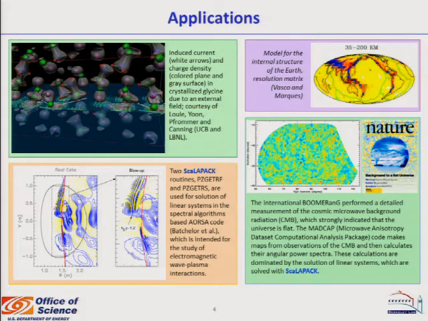And what you can see there is a charge density for a glycine molecule. In this kind of application, usually you end up with a dense, complex, or Hermitian eigenvalue problem, and people have used ScaLAPACK to compute eigenvalues, which in this case are basically energy levels.